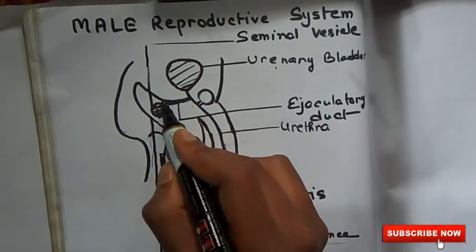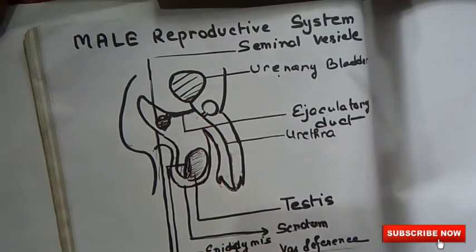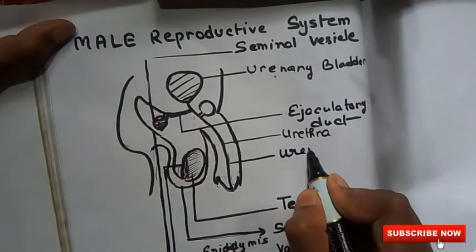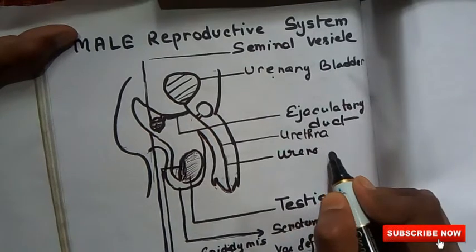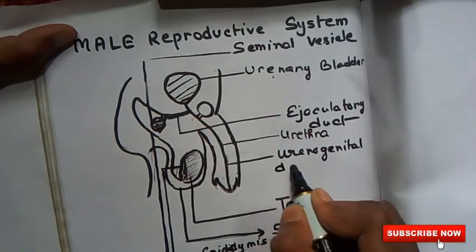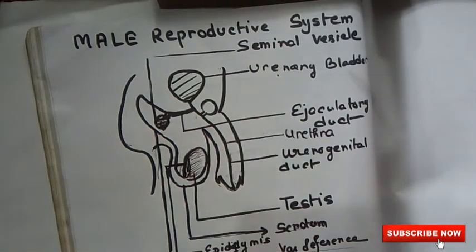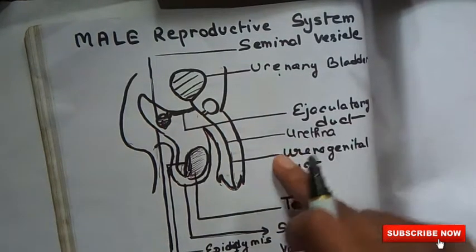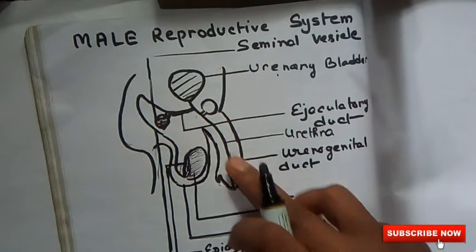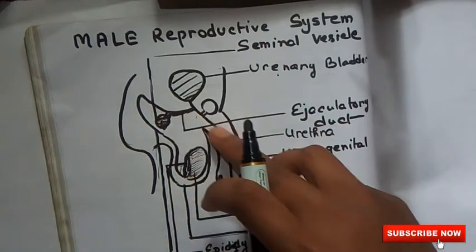So this duct is also called the urinogenital duct. Why is it called the urinogenital duct? Because it works as a passage for the urine and also as a passage for the male gamete, sperm.